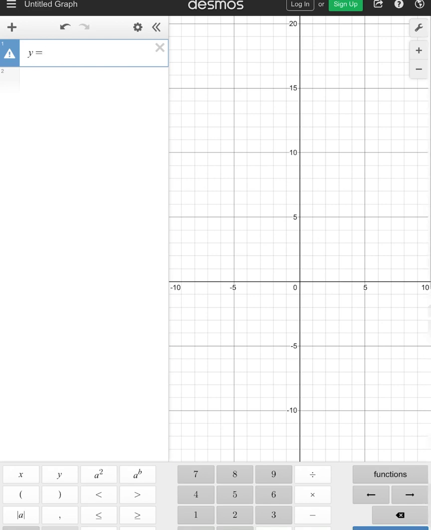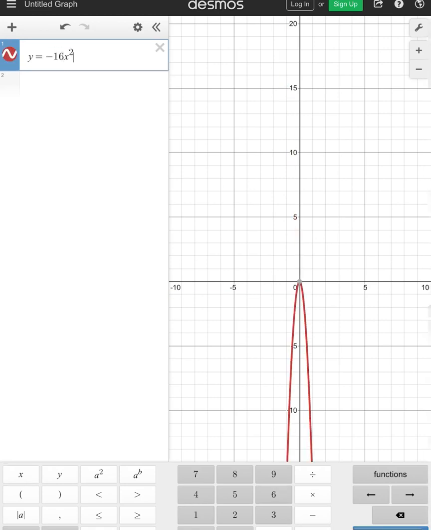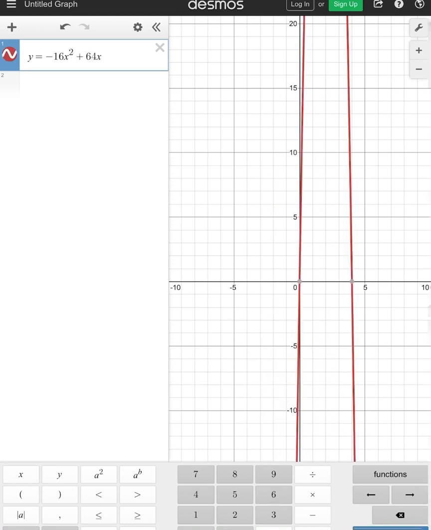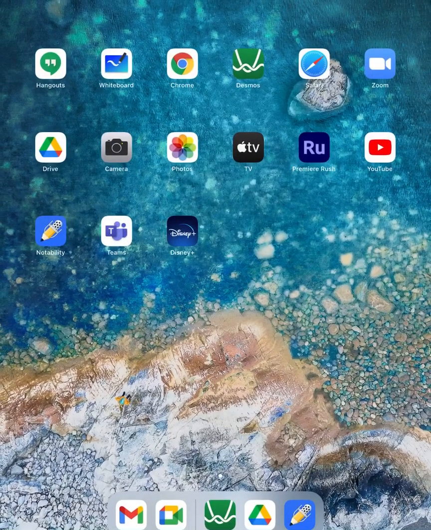That's your input. So y equals negative 16x squared plus 64x plus 5. Now that I've got my graph, I always like to double check: y equals negative 16x squared plus 64x plus 5. Yes, good.